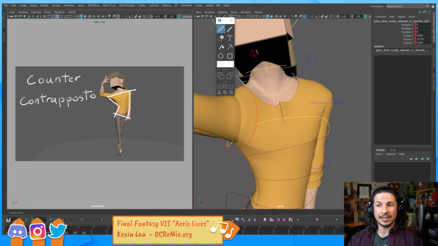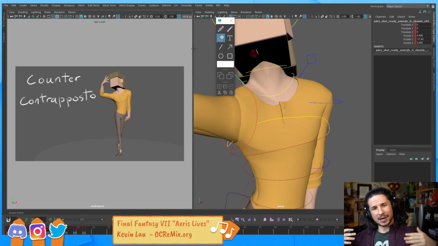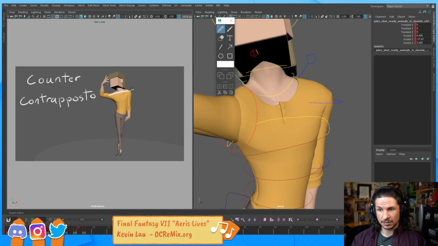It makes things feel really nice and dynamic, which is really good. And as animators, as we're posing out our characters, we pose out the spine, great. And then, if we're not careful, we often try to pose out the shoulders to enhance the contrapposto, so that the shoulders go against the hips, because that's what we're taught.